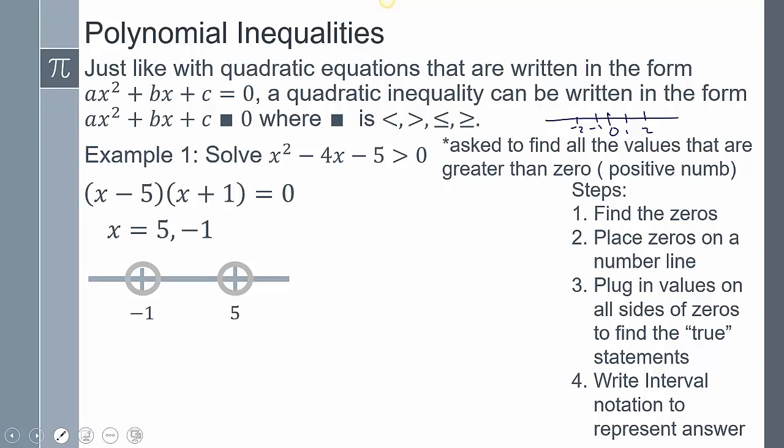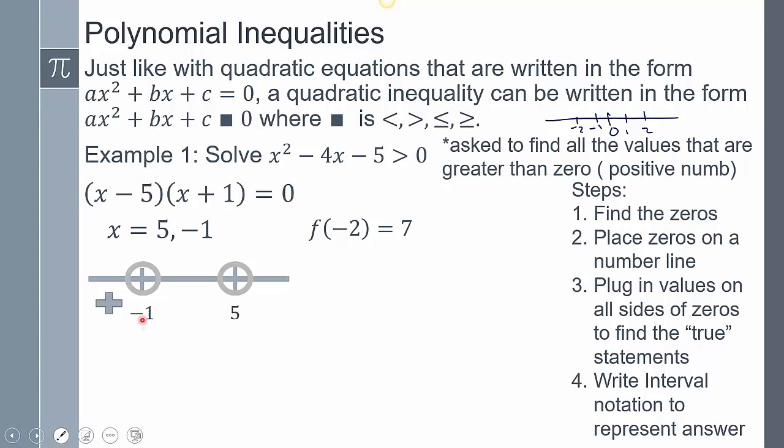Then, step 3, plug in values on either side of my zeros to find true statements, or in this case, positive or negative statements. Plug in a value on this side, say negative 2. If I plug that in and simplify, I get 7, which is positive.